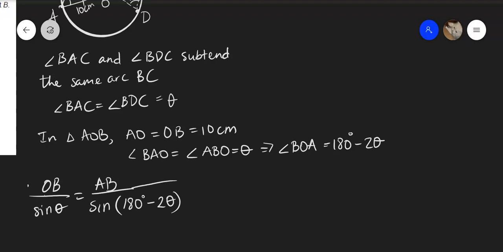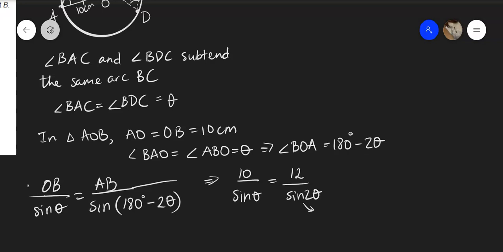Sine of 180 minus 2 theta is exactly the same as sine 2 theta. Let's write it down. OB, which is 10, over sine theta is the same as AB, which is 12, over sine 2 theta.